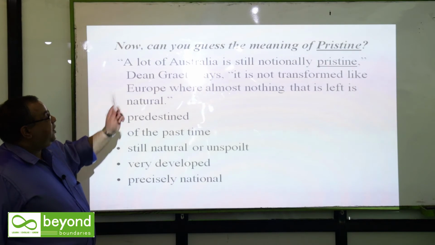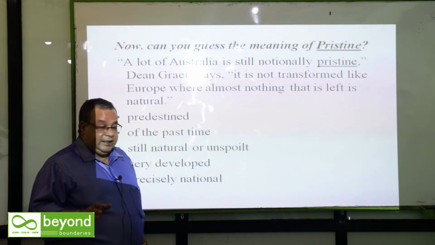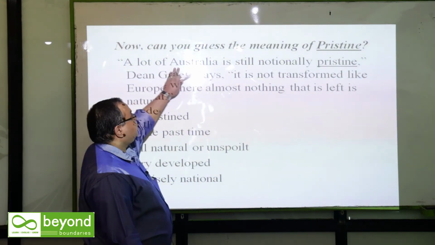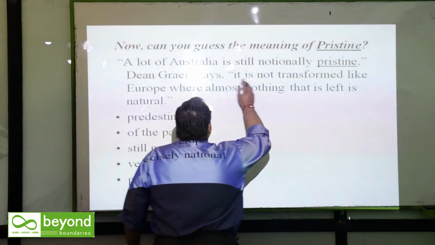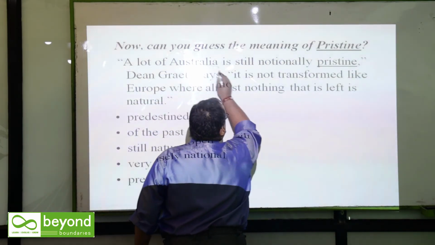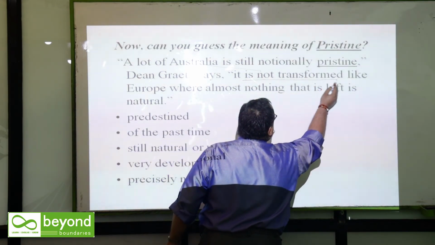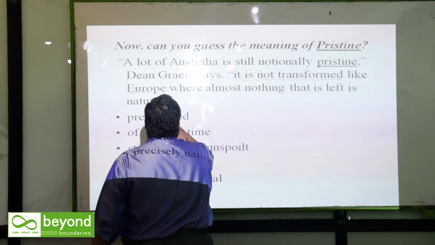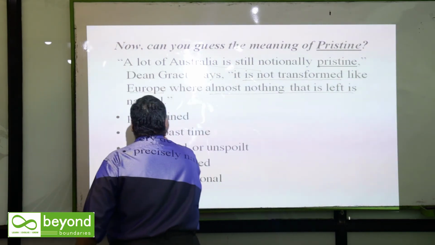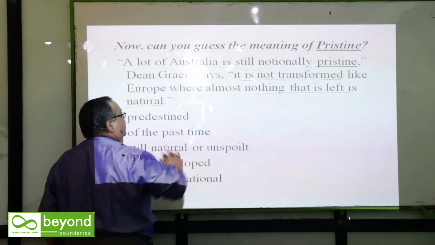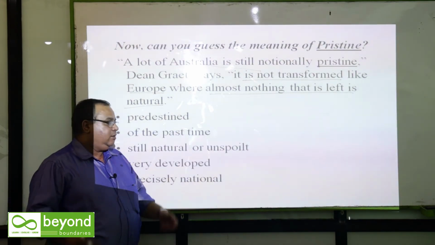A lot of Australia is still pristine, it says. So a lot of Australia has not transformed like Europe. And what is the transformation? Almost nothing that is left is natural. So whatever is there in Australia, a lot of it is still natural.